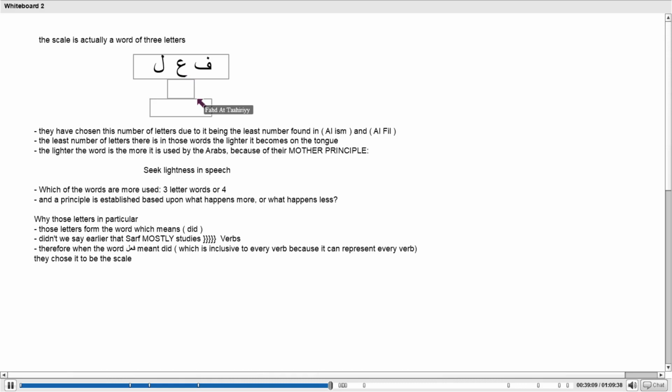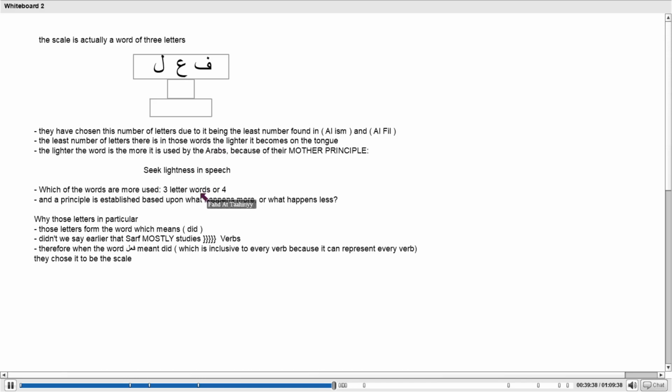Why is the scale 3 letters? Because most Arabic words are 3 letters. You can make that the answer.